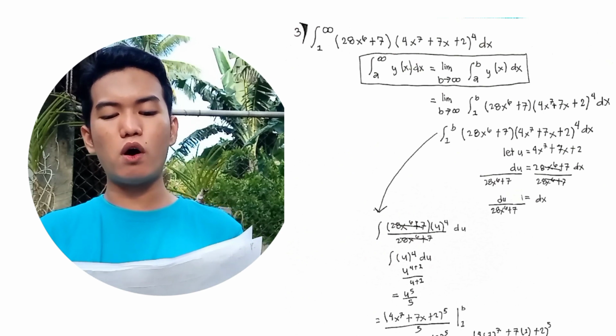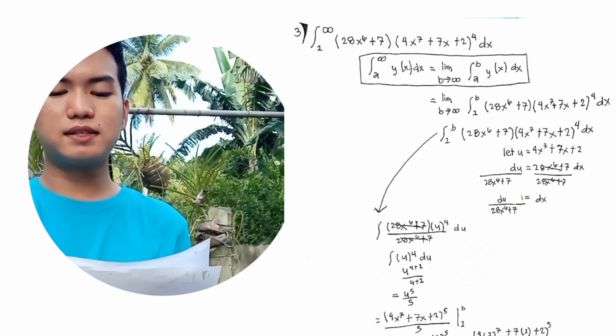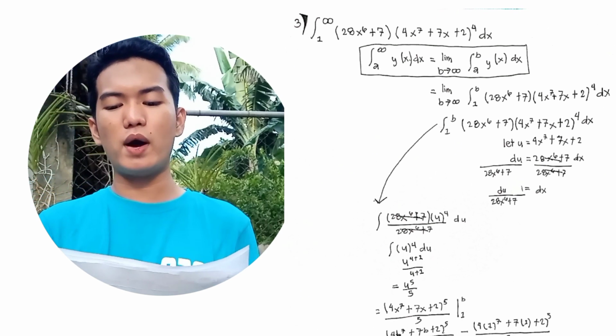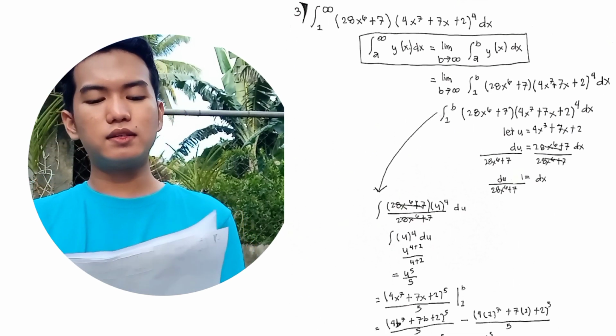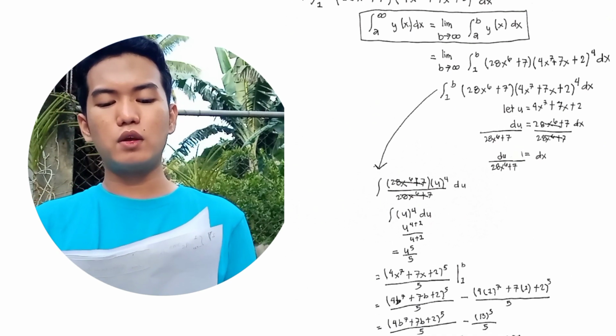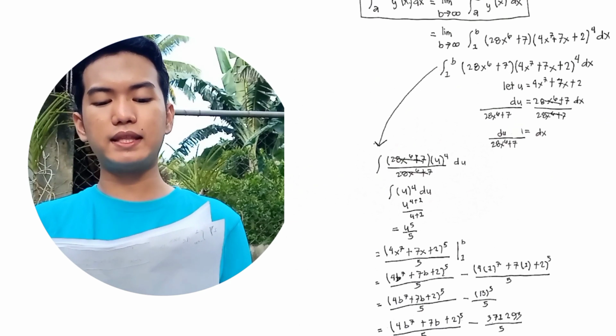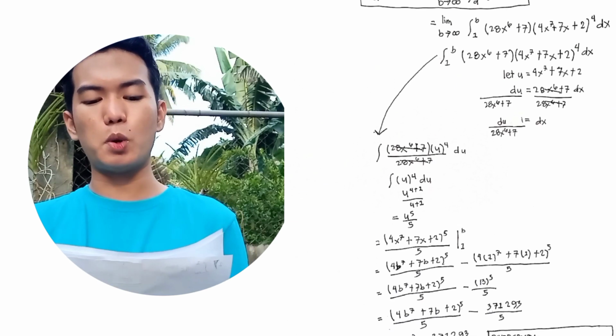We have du over 28x to the power of 6 plus 7 equals dx. So let's apply the u and the du in our equation. The integral of 28x to the power of 6 plus 7, times u to the power of 4, over 28x to the power of 6 plus 7, du.